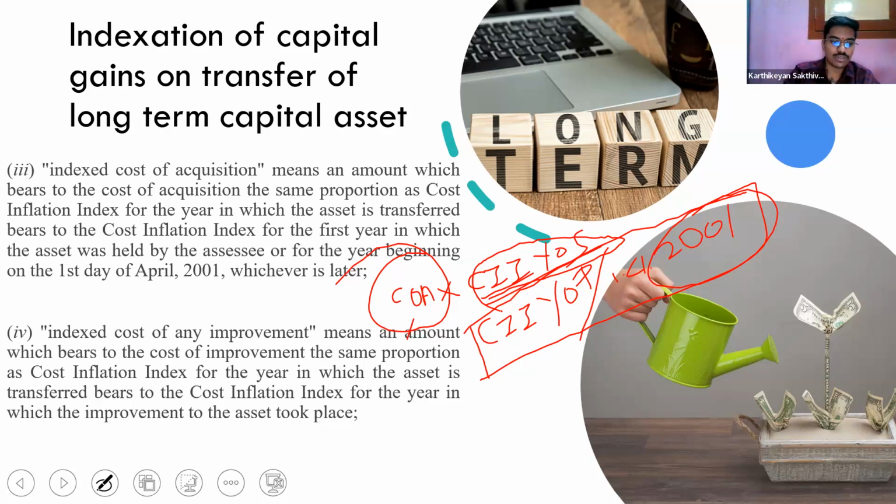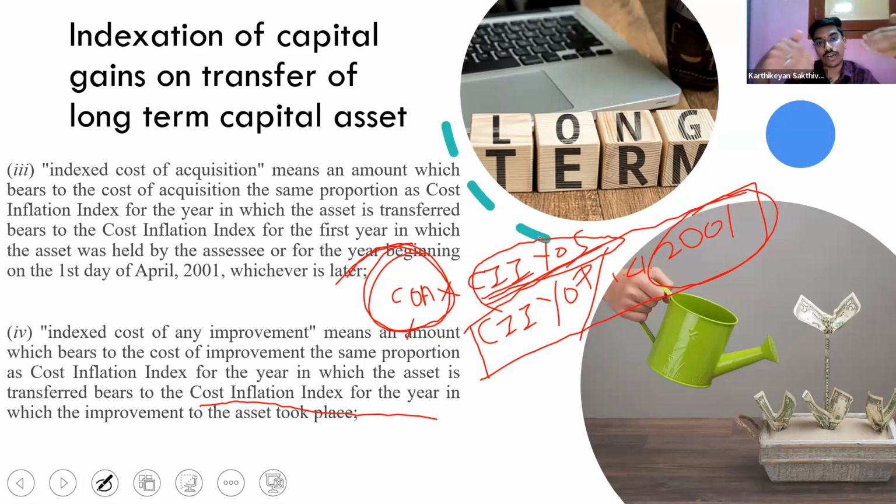But in the case of 2001 or whichever is earlier, there is only one point. What that means is, if your property is purchased before 1st April 2001, you can substitute the fair market value as on 1st April 2001, because that is the cost inflation index, since it is only starting from 2001.